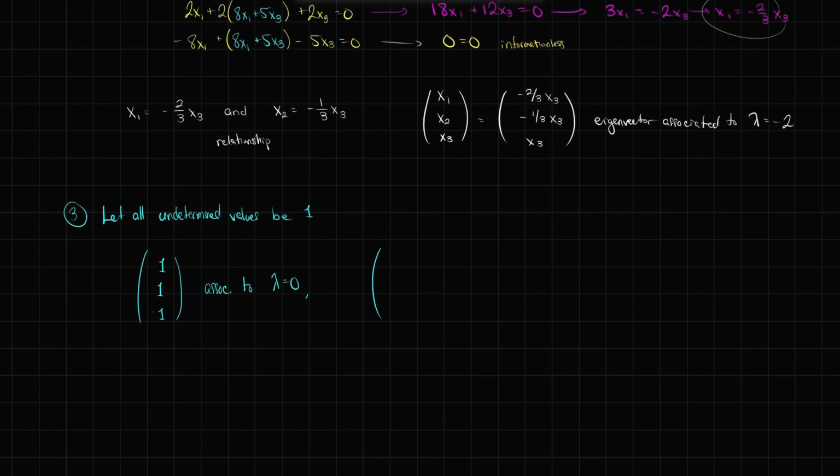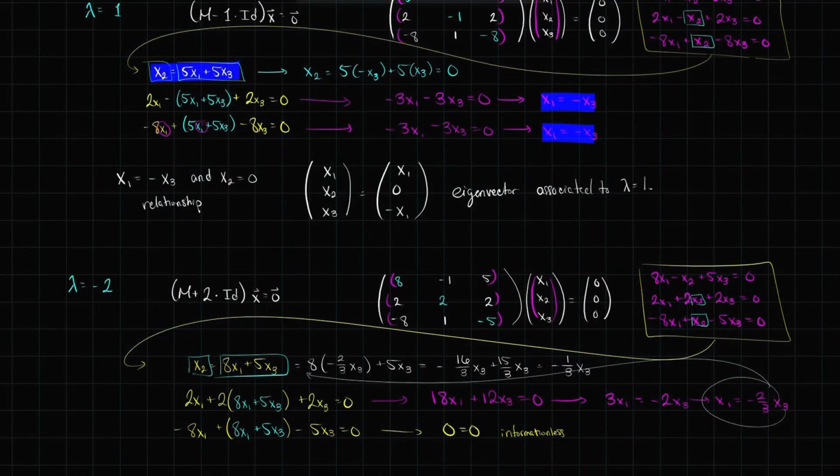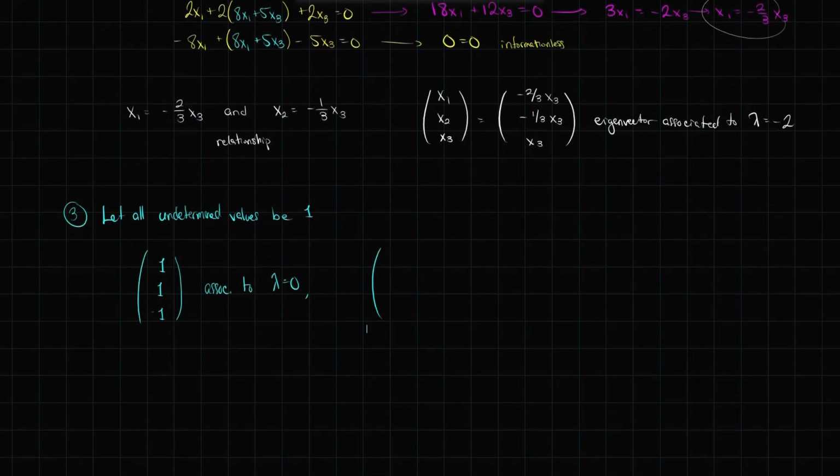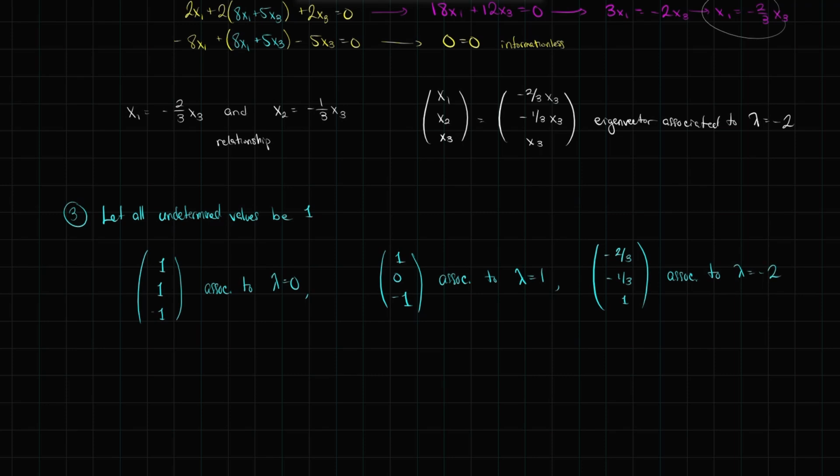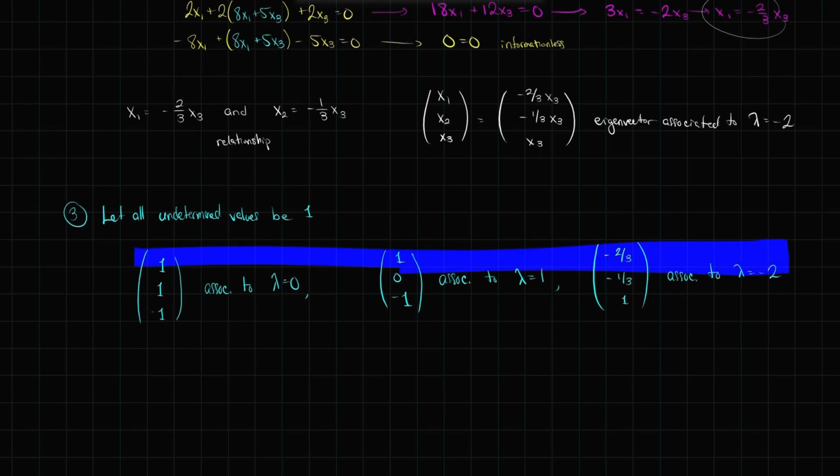My second eigenvector was x1, 0, negative x1, so that becomes 1, 0, negative 1, associated to lambda equals 1. My third vector is seen above: negative 2/3, negative 1/3, x3. I'll let x3 be 1, giving negative 2/3, negative 1/3, 1, associated to lambda equals negative 2. So these now are my collection of eigenvalues and eigenvectors for my 3x3 matrix that I started with.